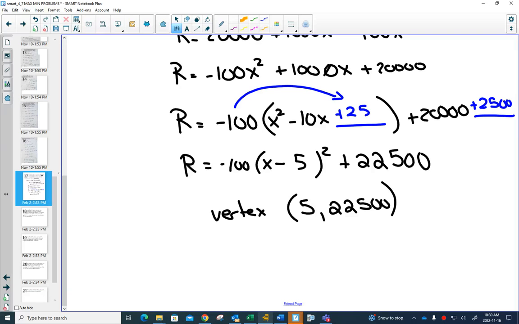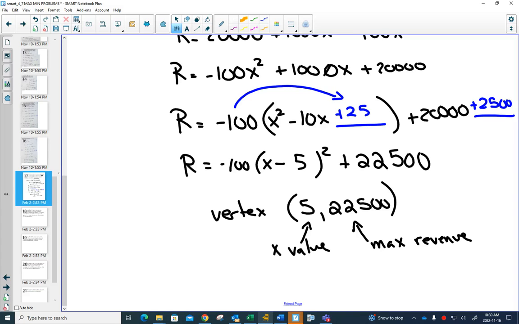And so we get a vertex of 5 and 22,500. What does this mean? This is the max revenue. And this is the x value that gives you that.